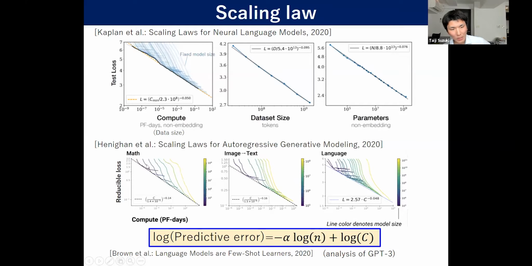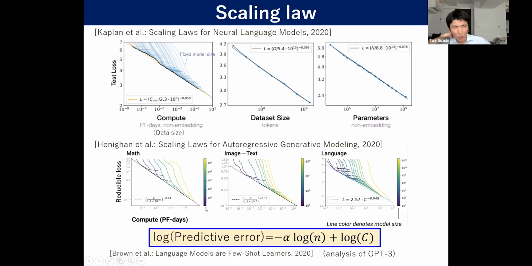Here you see there are many lines. Each line corresponds to the predictive error for a fixed model size. If you fix some model size, you have this curve of the predictive error. But by choosing the best model size for each sample size, you get this linear fit.